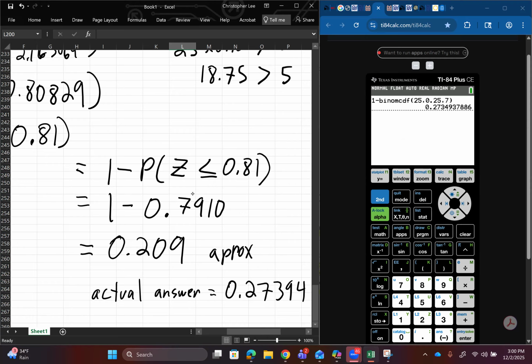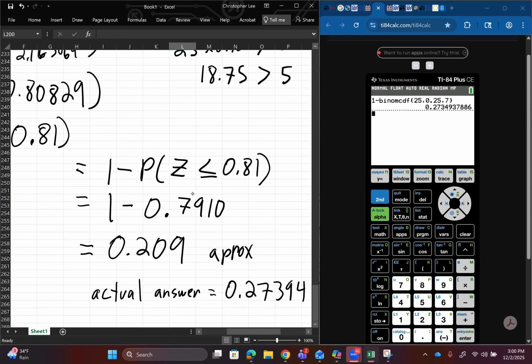So if we look at this actual answer and the approximated answer, that's not a really good estimation, right? So what do we have to do whenever we're trying to use a normal distribution to approximate the binomial? We have to adjust it a little bit, all right?